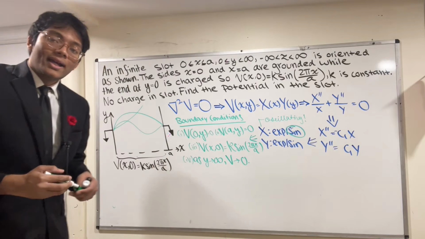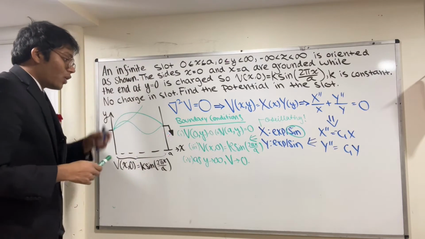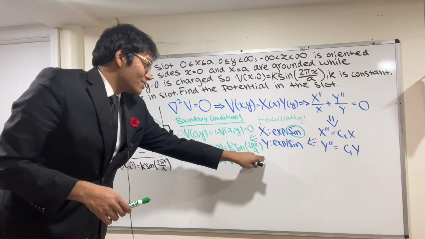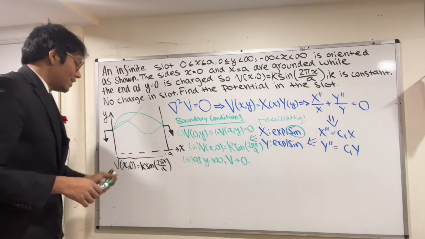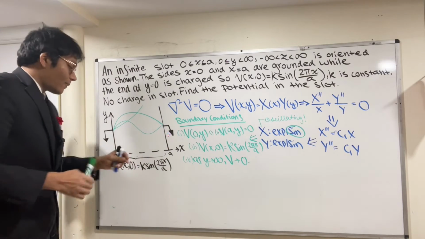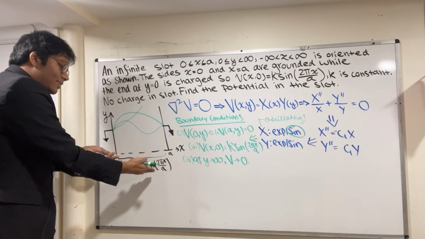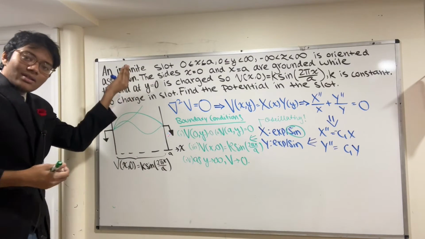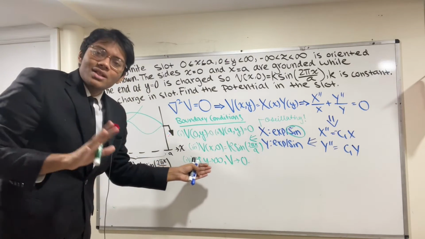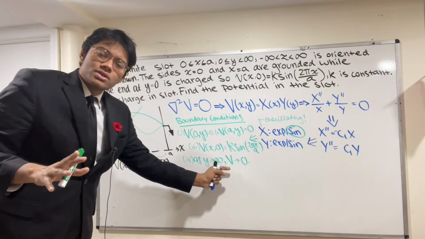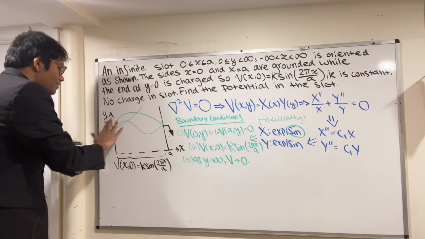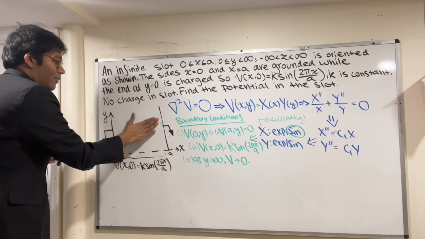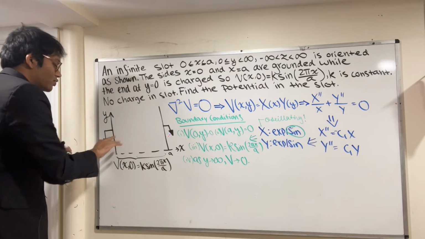What about y? Let's see. For y, when y is 0, we have a fixed potential of k sine 2 pi x over a. So the potential varies across x, but when y is 0, this is the potential. But as you go up, as you increase in y, the potential starts decreasing because there's no more charge in this slot. Potential starts heading to 0. So, should the potential in the y direction be represented by an exponential or a sinusoidal?